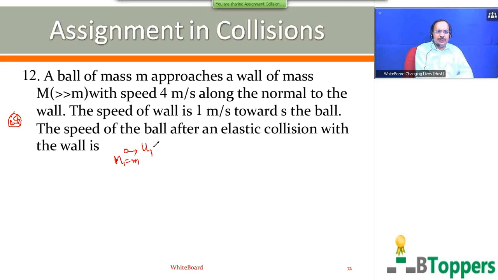The initial velocity of the first body denoted by u1 is equal to 4 meters per second. So the wall is the second body, whose mass is denoted by capital M, and the initial velocity of the second body before collision is denoted by u2.